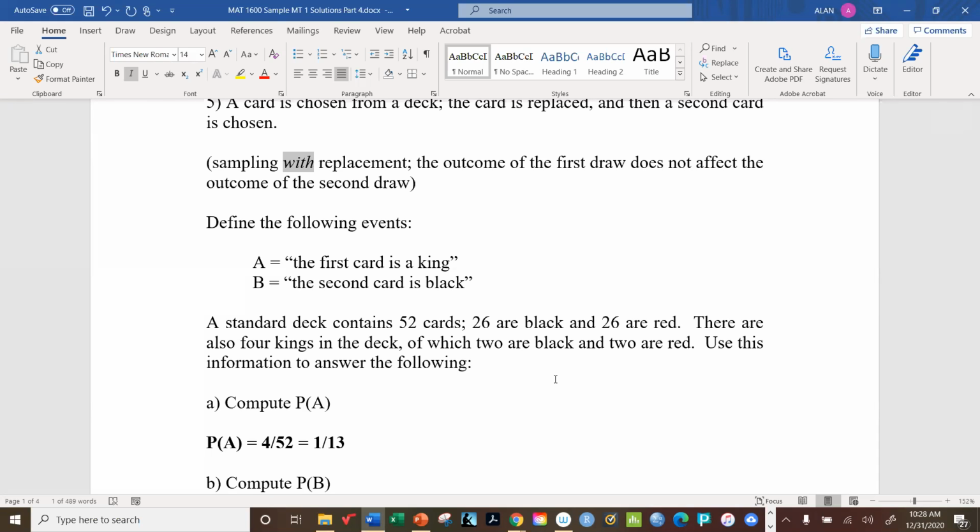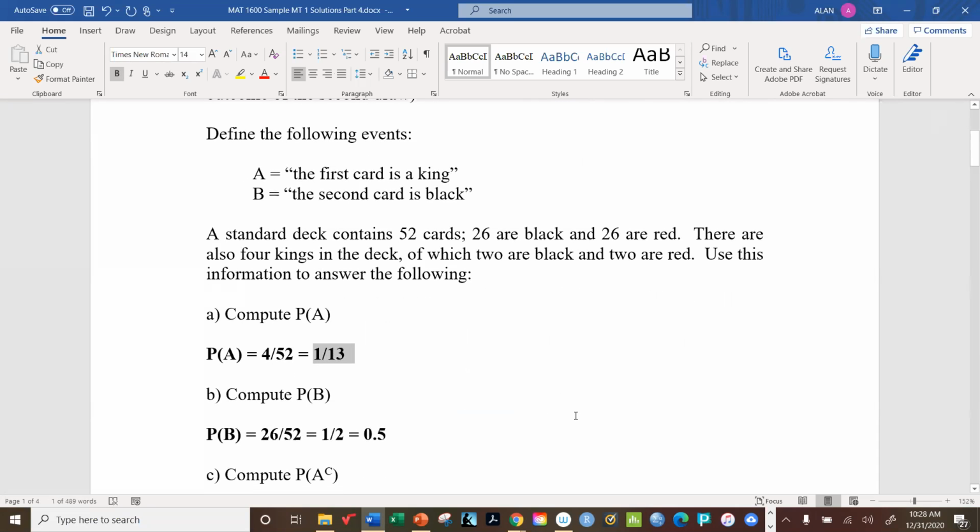So for the probability of A, we know that there are 4 kings in the entire deck. We know that there are 52 cards, and therefore the probability of A must be 4 out of 52, which can be reduced to 1 out of 13. And again, the key to the whole thing here really is that the cards are all equally likely to be chosen. If not, then this would be much more complicated than it is.